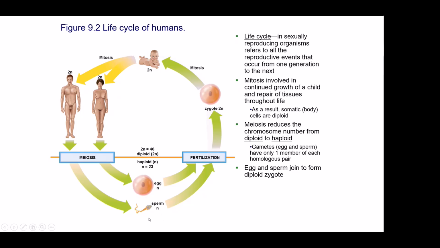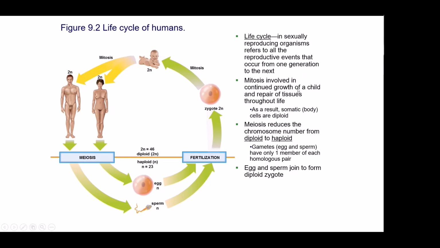When the haploid, or 1N, sperm fertilizes the 1N haploid egg, of course you then go back from N plus N to 2N, and you have fertilization to form a zygote, and the cycle continues. So this is the life cycle that involves the cell cycle, if you will.